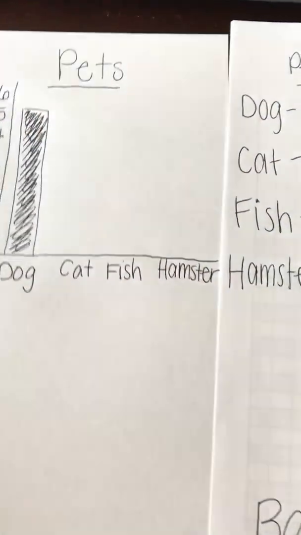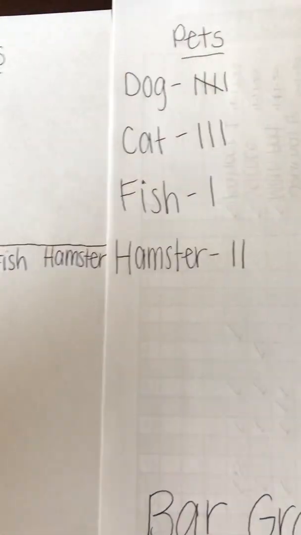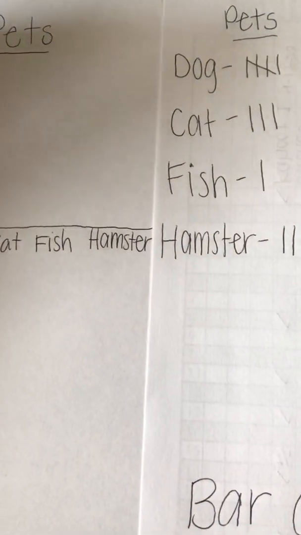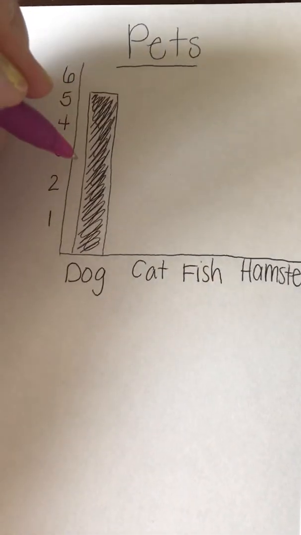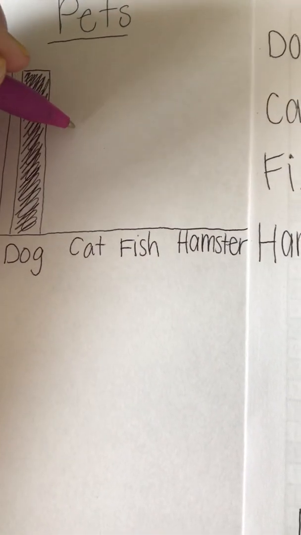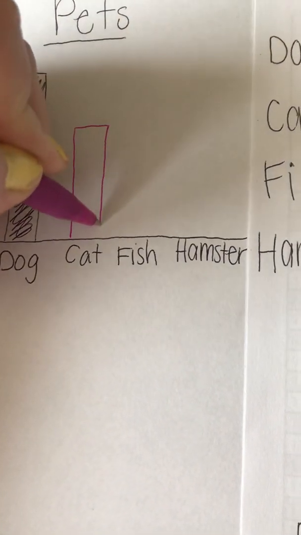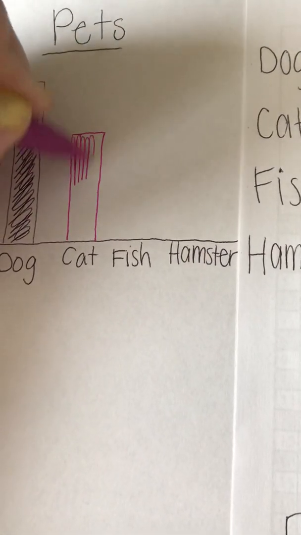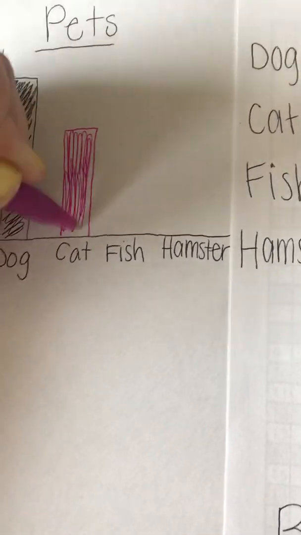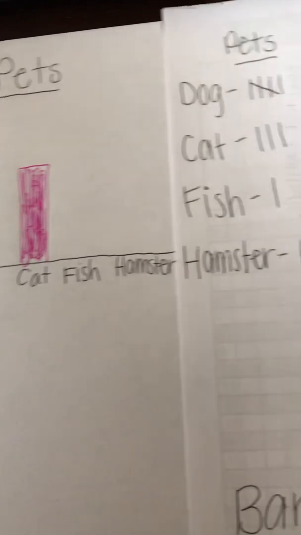My next data point is a cat, and when I count my tallies, I have 1, 2, 3 people on my data that have a cat as a pet. So I'm going to find that number 3. I'm going to line that up. And again, I'm going to color that in as best as I can.